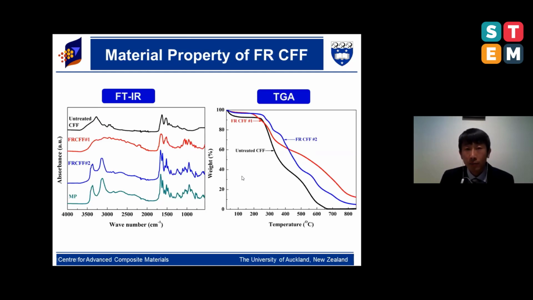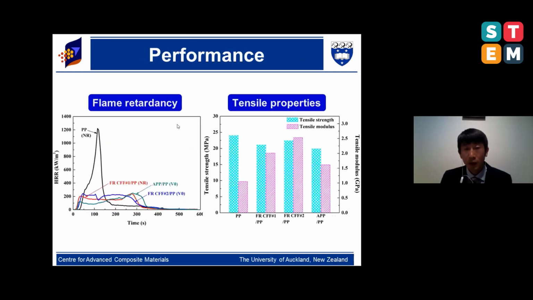So after preparing the flame retardant additive, when we compare the chemical structure and the thermal property, it was completely changed compared with the untreated chicken feather. And we also achieved very similar flame retardancy, except FR CFF number 1 could not achieve any grade in the vertical burning test.